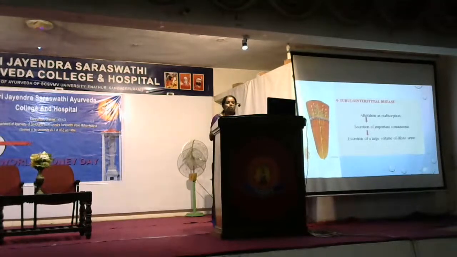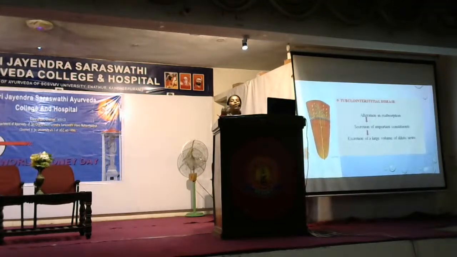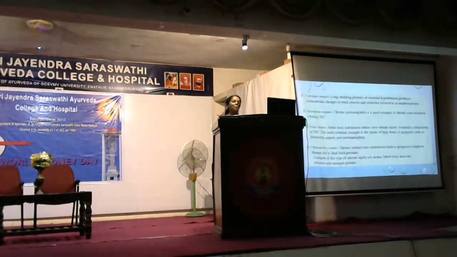The proximal convoluted and distal convoluted tubules handle the reabsorption of electrolytes and the management of the body's water-electrolyte system. Derangement in this system will alter reabsorption, so we will lose some of the important electrolytes from our body, and excretion of a large volume of dilute urine will happen.